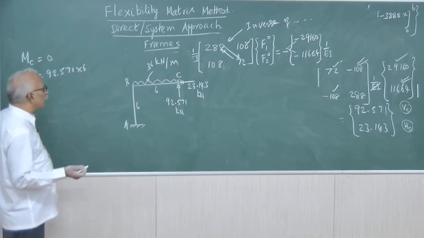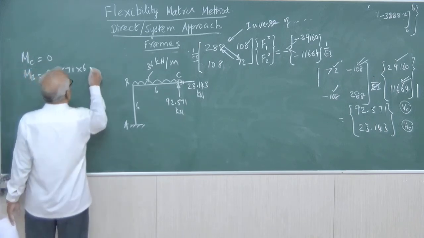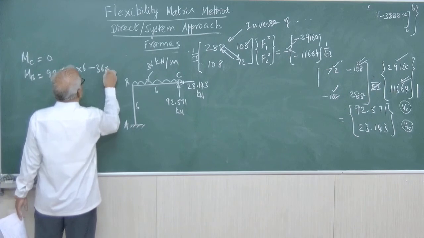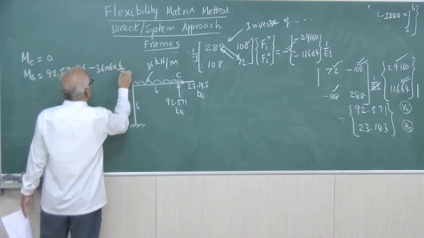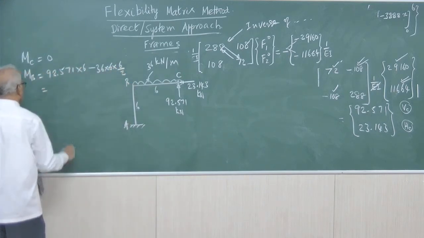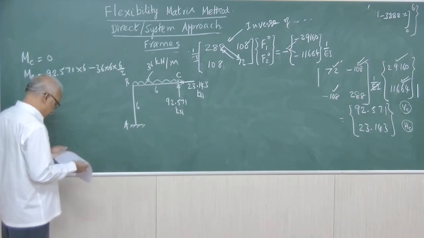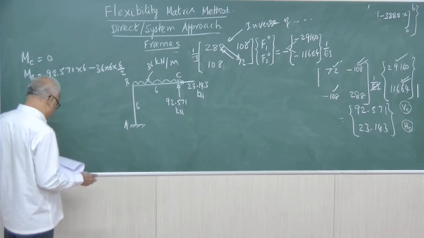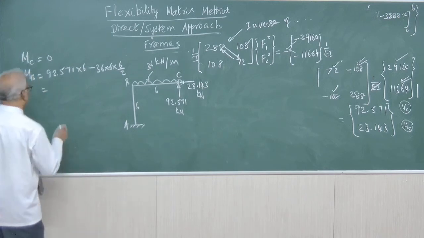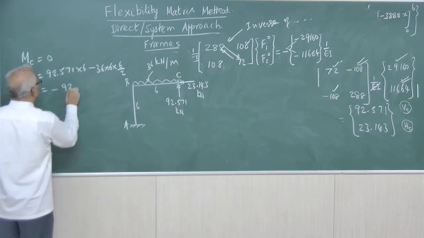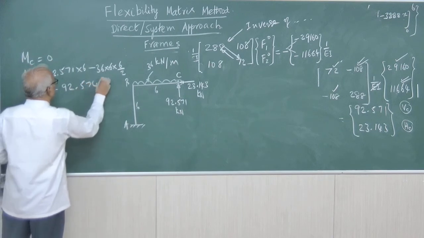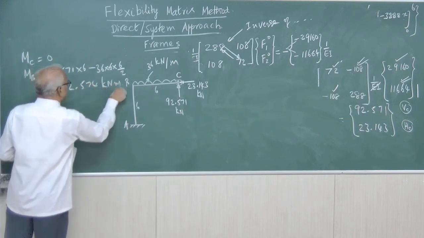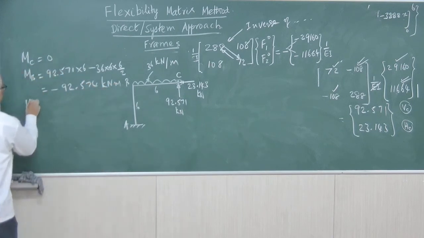Therefore, clockwise is negative, and minus 36 into 6 into 6 by 2. So this is MB, and MB equal to minus 92.574 kilonewton meter.